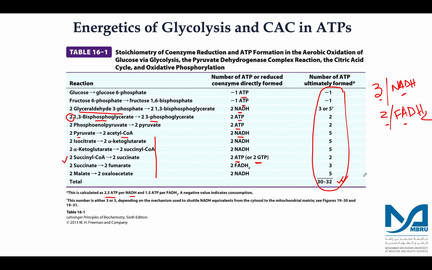Now, in case of the NADH that is produced in the cytosol in glycolysis, there is a separate calculation, but again I mentioned that for our case we will use 3 ATP molecules per NADH molecule.